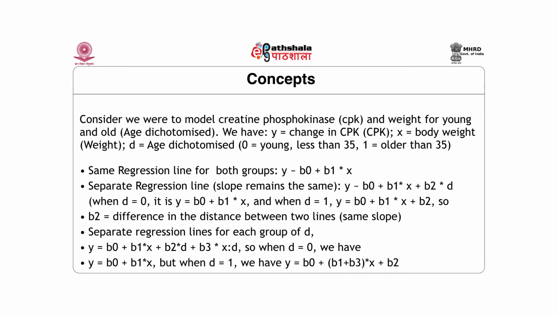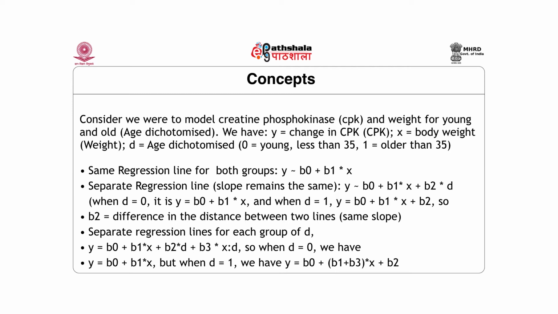So when we do this, it becomes a bit complicated because you can either have the same regression line for both groups. So we'll say that the association between weight and CPK is kind of similar.